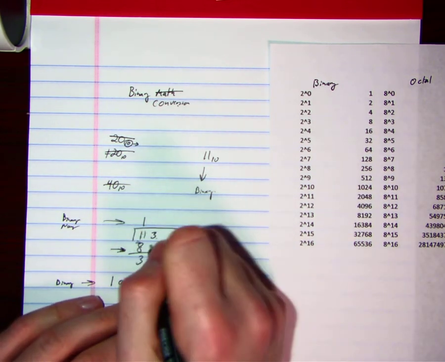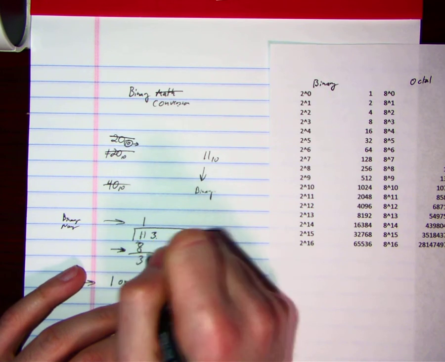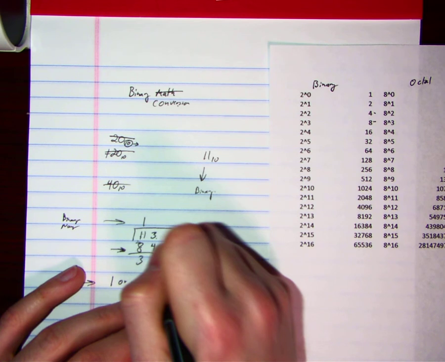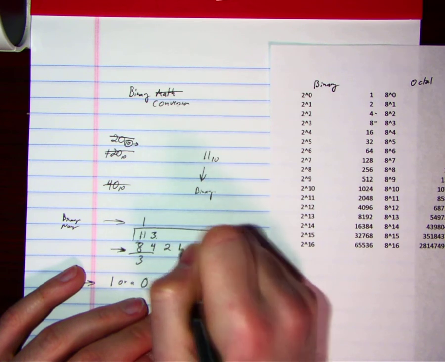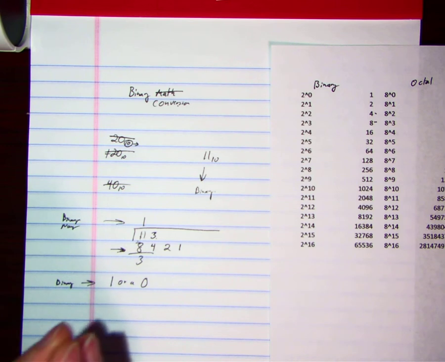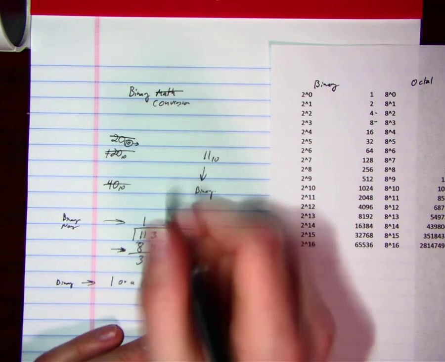Instead of being able to subtract 8 or whatever we want, we have to go back to the number grid over here. We used 8 for starters, but the next number we're going to have to use is 4. So you could go ahead and write out 4, 2, 1 right here if that made you feel better. Or not, you can wait till you get there, but that's entirely up to you.